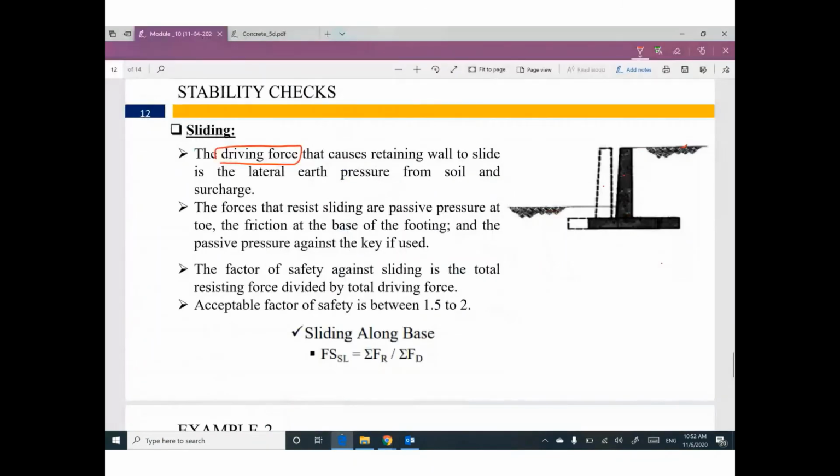We have on this side passive pressure, because we have another soil on the other side. So I believe this soil will support a little bit, but we have another source of support at this interaction. We have here friction between the concrete and the soil.